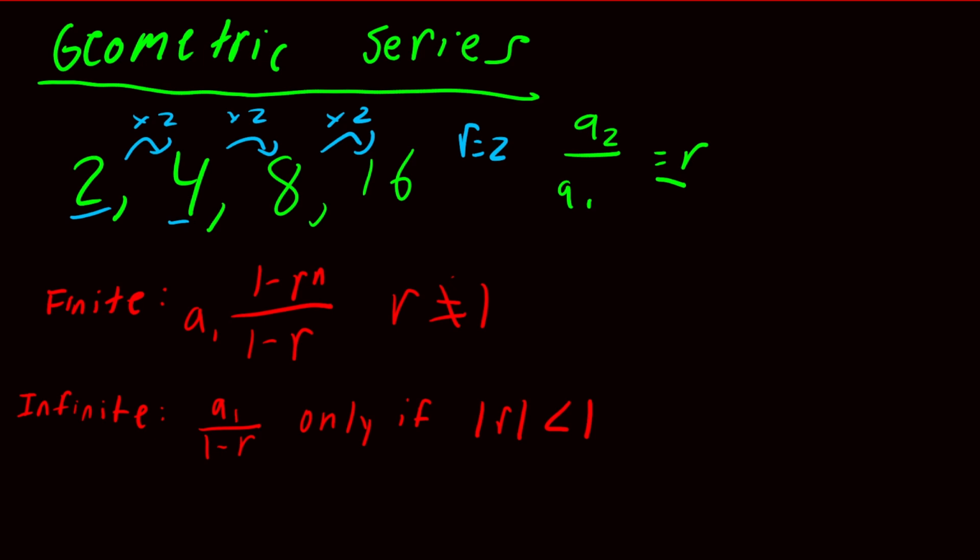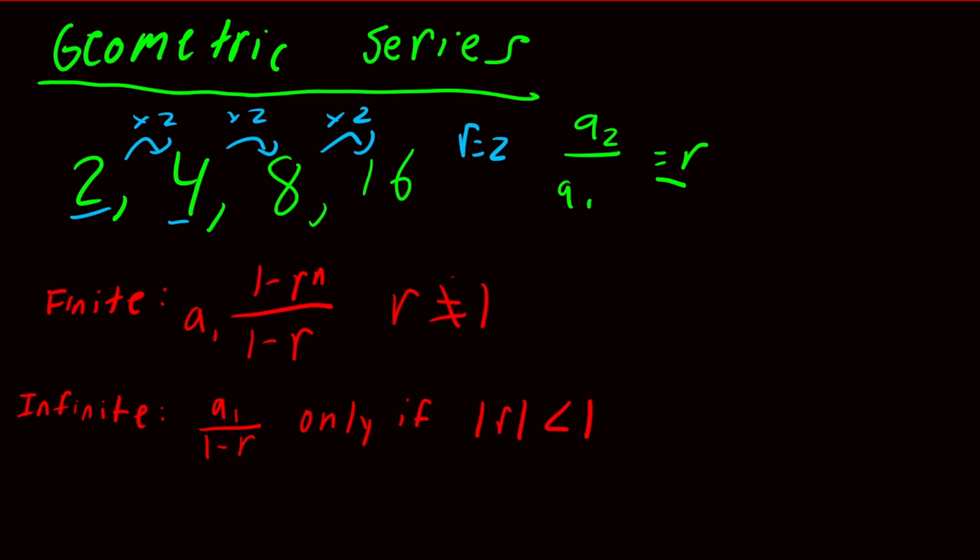Now, this is where it gets a little bit more complicated than arithmetic series. In arithmetic series, we didn't care if it was finite or infinite, but now there are two cases. You use the finite formula when r is not equal to 1: a1 times (1 minus r to the n) over 1 minus r.